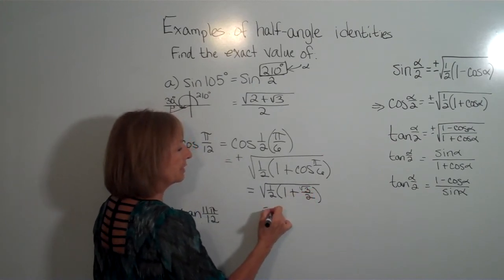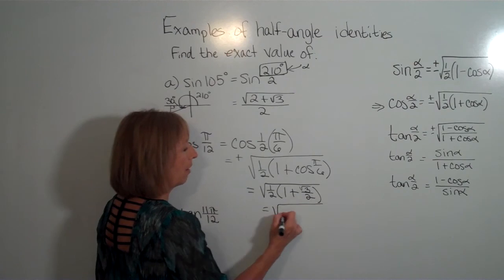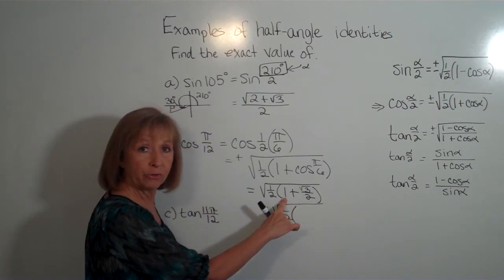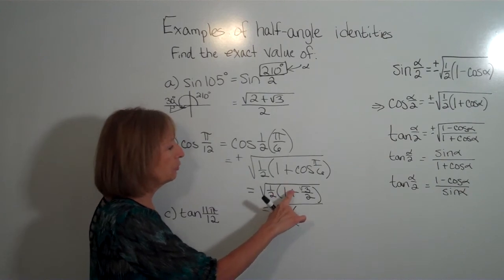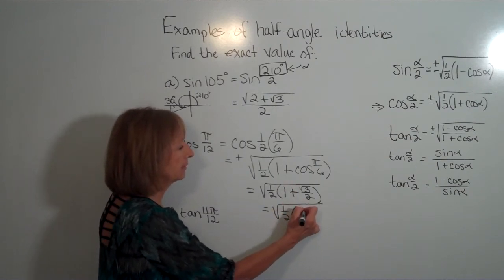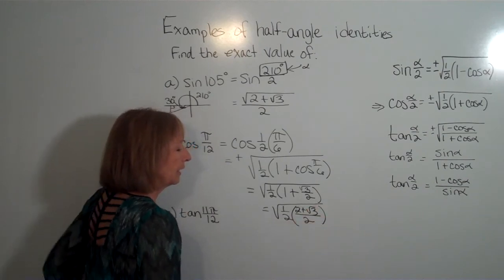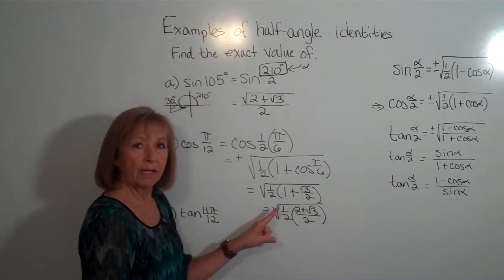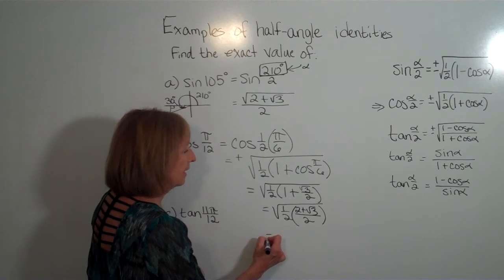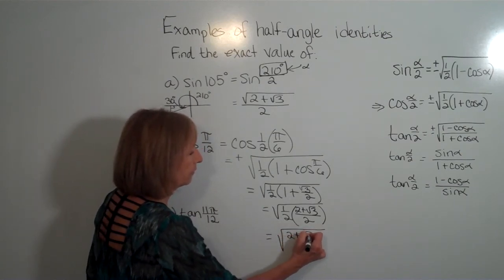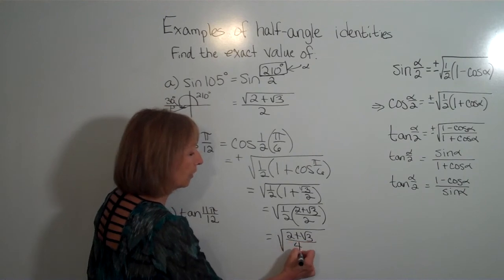And then when I go through and simplify that, that's the square root of 1/2 times, well, one I can write as 2/2. So that gives me 2 plus the square root of 3 all over 2. And then when I multiply across the top and across the bottom, that gives me the square root of 2 plus the square root of 3 all over 4.